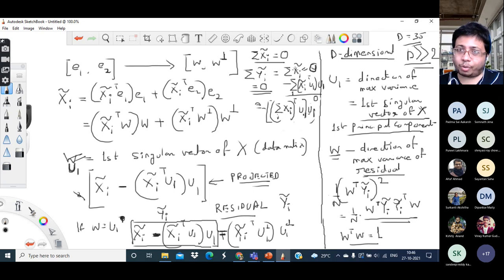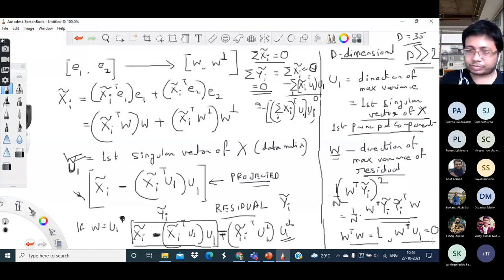Since we have already projected the data along u1, whatever is the residual must necessarily be perpendicular to u1. So whatever W we are choosing, it has to lie in u1 perp. Which means W is perpendicular to u1. So this is an additional constraint which we have got in this case.